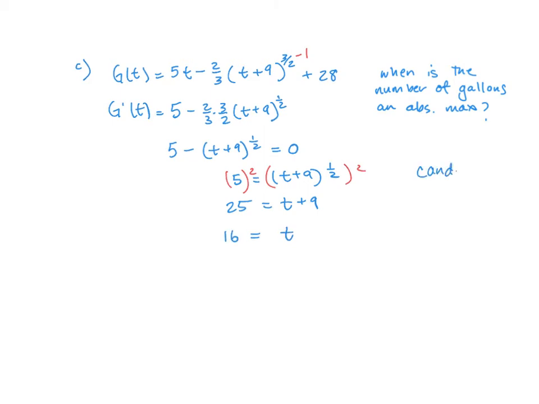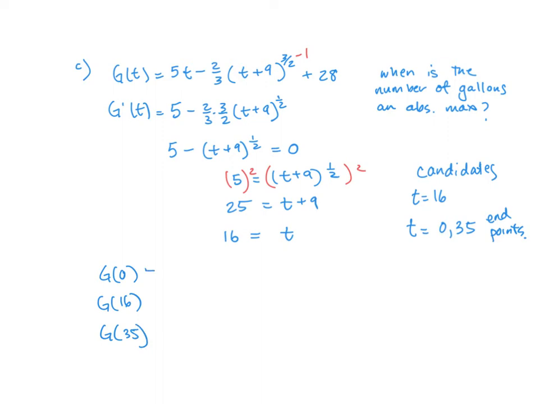Now, our candidates for the absolute extrema are going to be our critical number, t is equal to 16, as well as our endpoints, t is 0 and t is 35. And we're just going to find g of 0, g of 16, and g of 35.